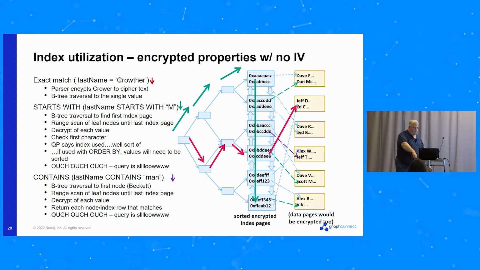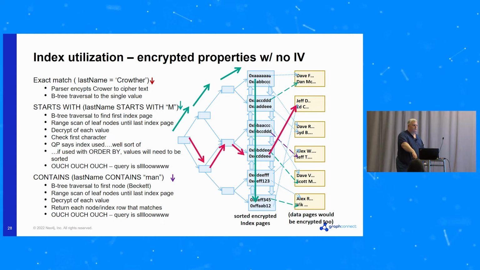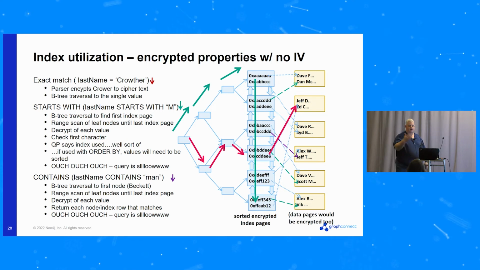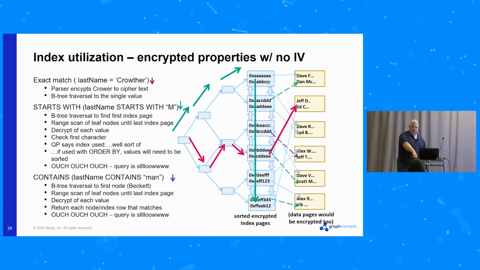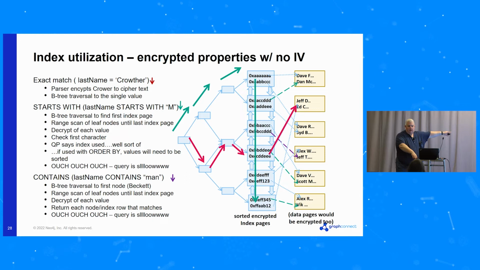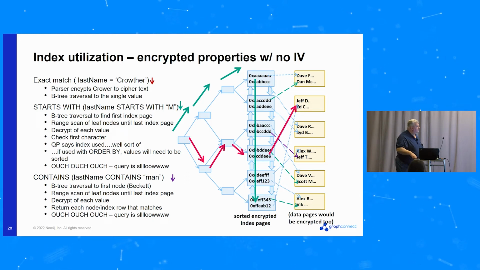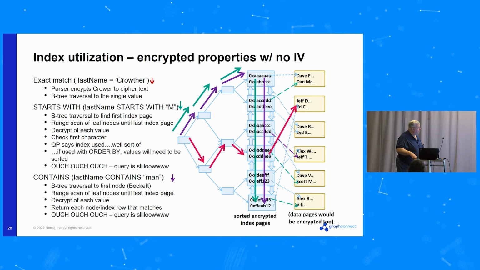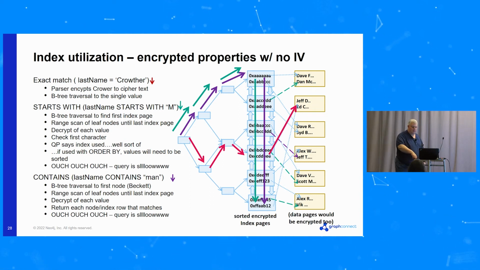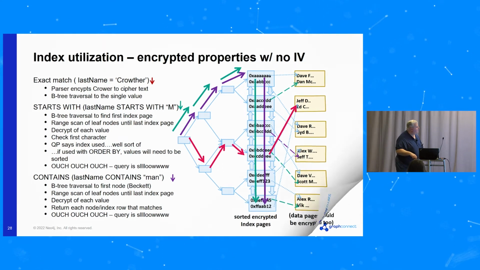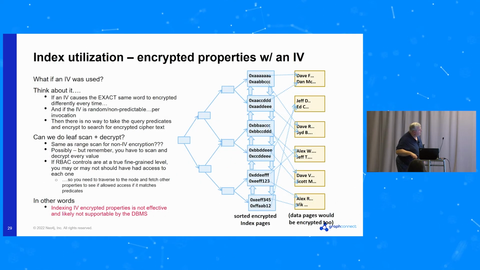You're scanning the whole index, decrypting every value to find it. The optimizer or query planner is probably going to pick something else. This gets back to the customer I talked about who was trying to encrypt last names, and their front-end users complained about query performance. Bingo, that's why. With a couple of million or tens of millions of customers, it takes a long time. Now the ends with MAN, still the same problem. There are other issues, we'll get to those in a second.